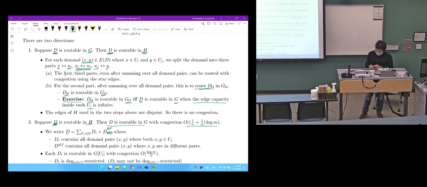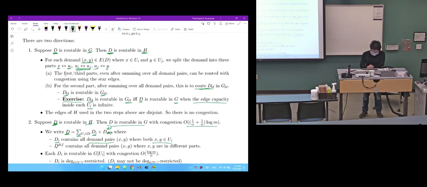The demand is a sum, or union, of a bunch of demands. I decompose the demand into a sum of d_i, where d_i contains all demand where both endpoints are inside U_i.